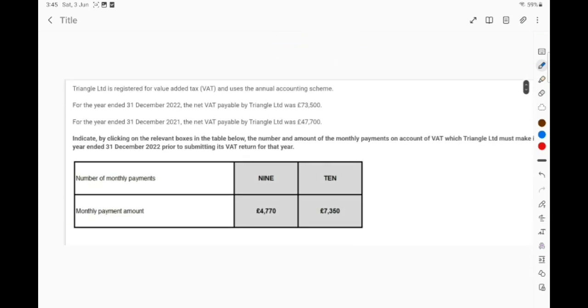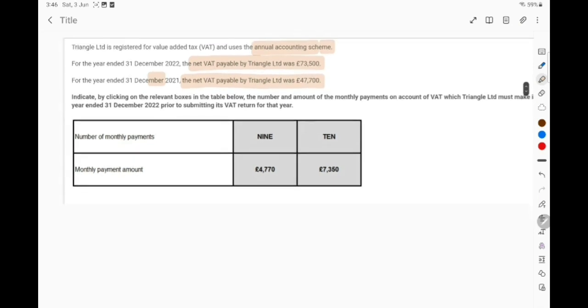Next question is, Triangle Limited is registered for value added tax and uses the annual accounting scheme. For the year ended 31st December 2022, the net VAT payable by Triangle is 73,500. And for the year ended 31st December 21, the net VAT payable is 47,700.